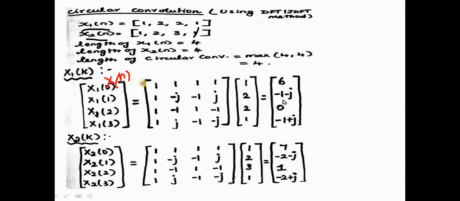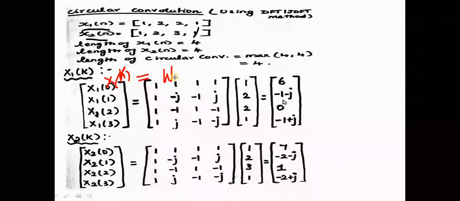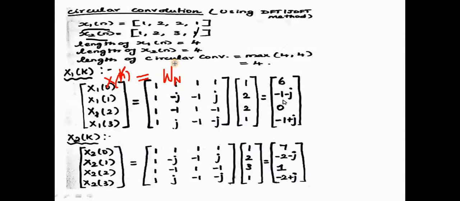X of k is equal to the twiddle factor W N to the power kn multiplied by the value of x of n.